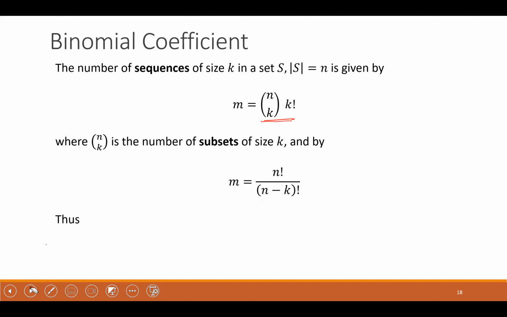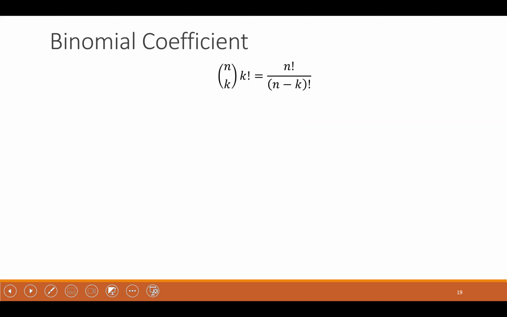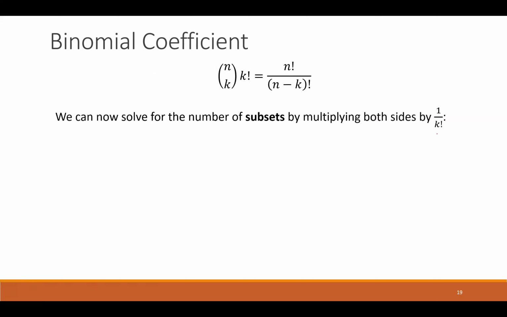So these are both equal to m, which means these are both equal to each other. So now I have an expression with only one unknown, in a sense, even though we know what it should be. But everything else is well defined, so I can solve for this one unknown just by multiplying both sides by 1 over k factorial. Right, so the k factorials on the left cancel out, and I have this expression on the right. So that's my binomial.